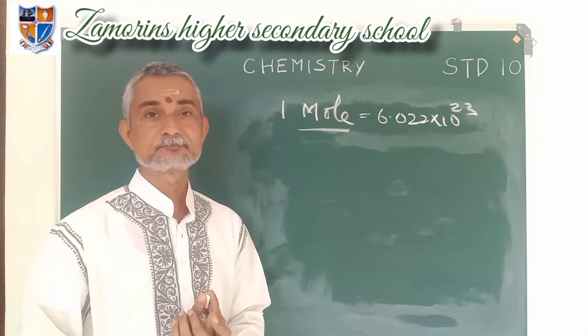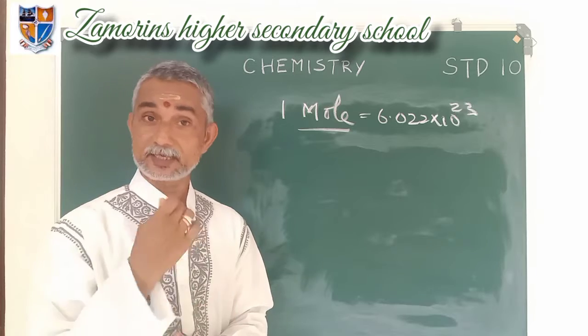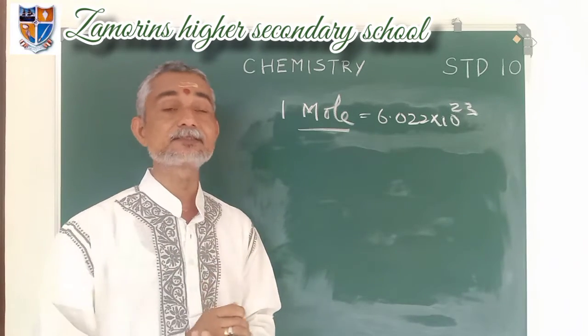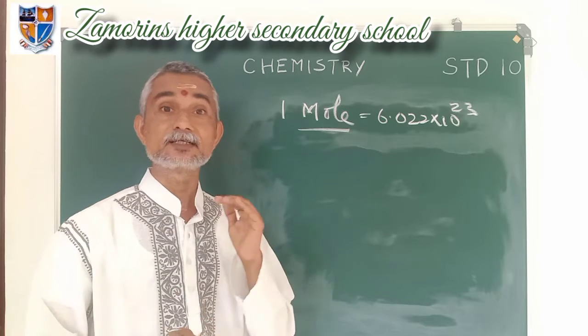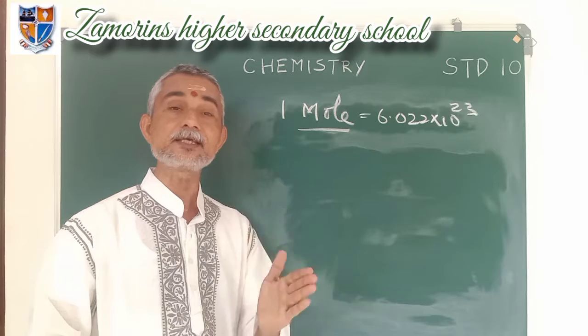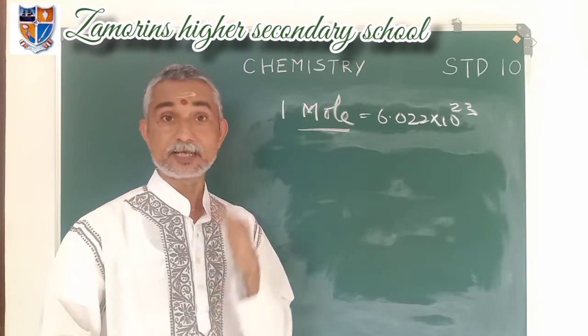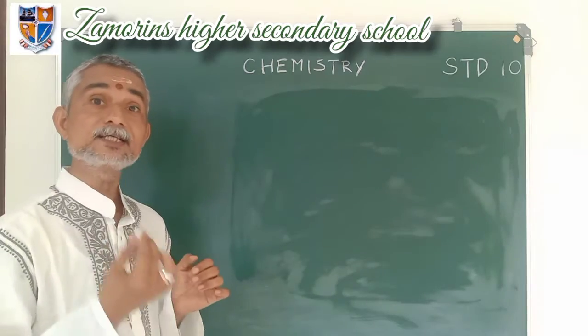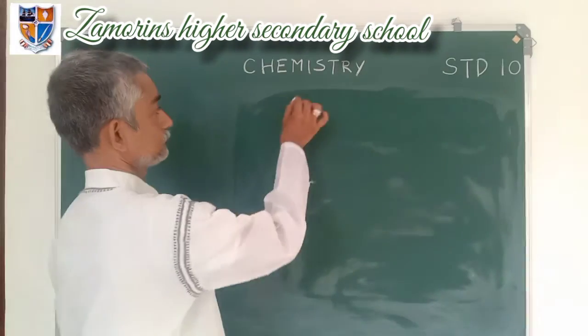Okay. Now we can move to another term, gram molecular mass. In the previous part we have seen GAM. Now we are moving to see what is GMM, gram molecular mass. What is 1 GMM?